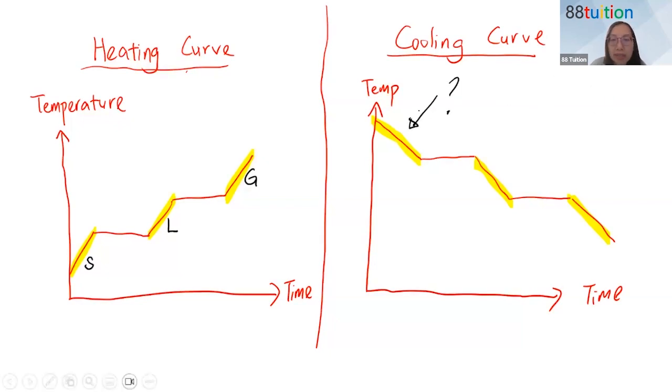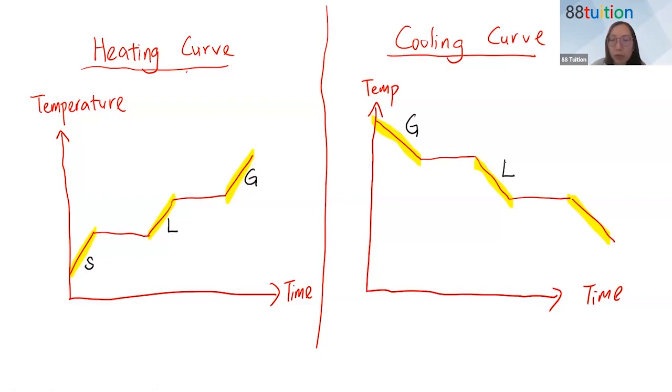What state do I start off with if it's a cooling curve? If it's a cooling curve, you start off with a gas, the other way around. Just now we started off with solid for the heating curve, but for the cooling curve, we start off with a gas. So imagine you have a gas, you cool it down, it will then become liquid.